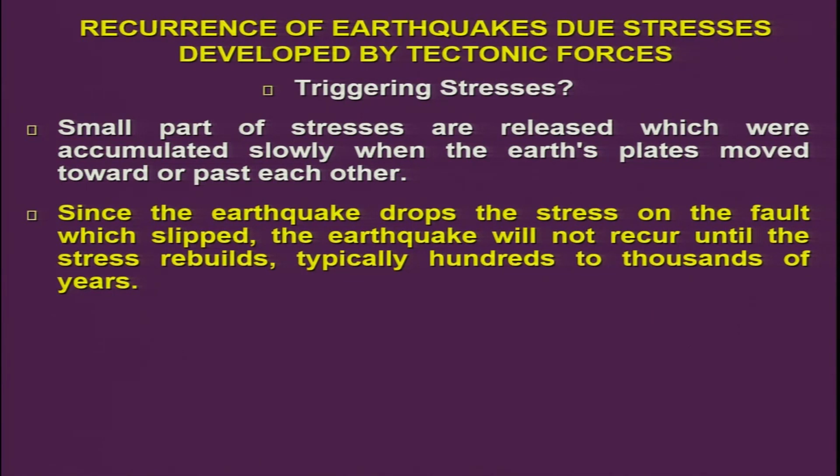Usually it is taken into consideration that if stress is released on a particular fault during an earthquake, then there will be a drop in stress on that fault. That means the next earthquake on that fault will not reoccur until the stress rebuilds and crosses the threshold limit.